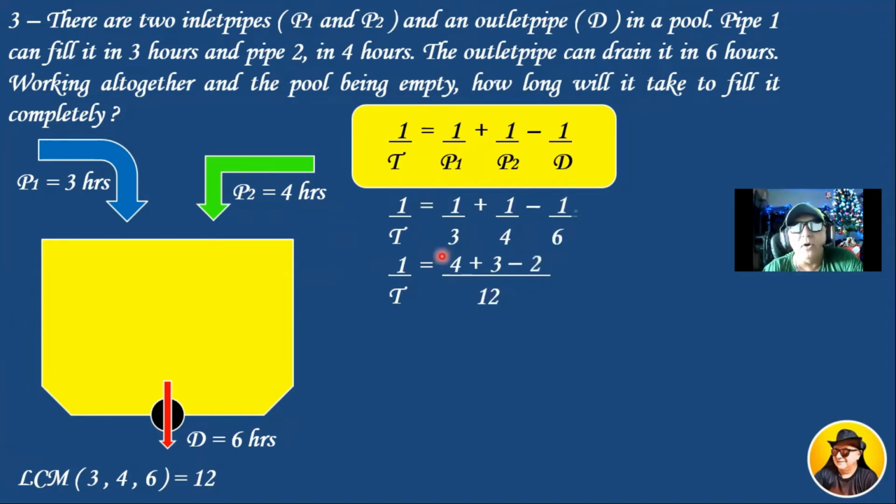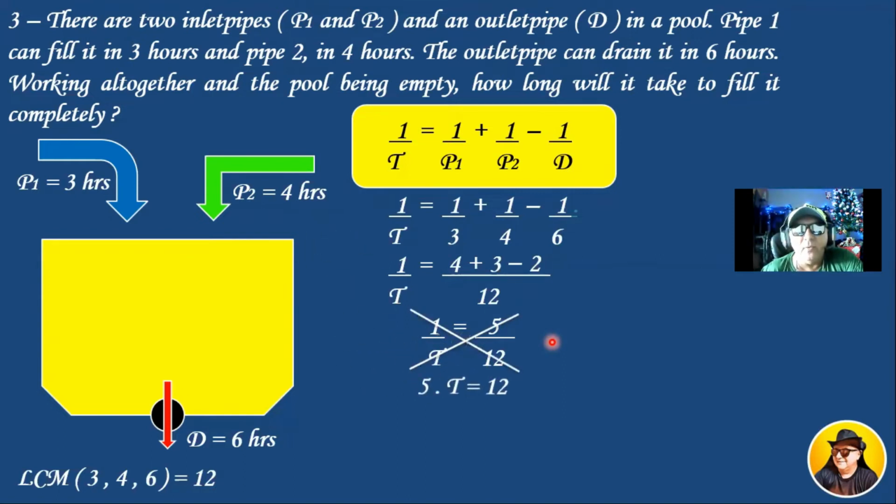Okay, now let's calculate. Please do it with me. 4 plus 3 is 7. And 7 minus 2 is 5. So our equation becomes like this. 1 over T is 5 over 12. Now we can multiply in cross. 5 times T is 5T. 1 times 12 is 12.